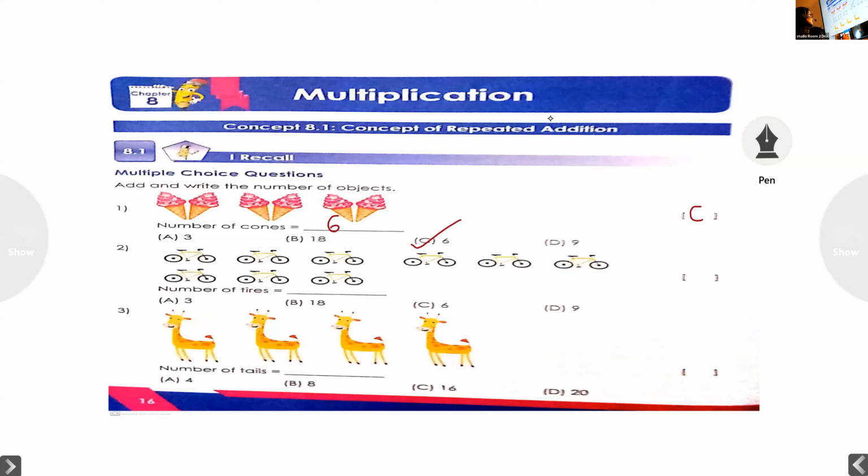Ihan. Second one. Number of tires is equal to 18. Yes. Good. Yesterday we did. Number of tires is equal to 18. Put a tick mark on B. Write 18 on the dash. Write B in the bracket.